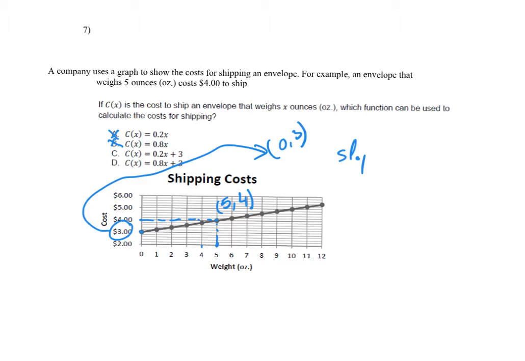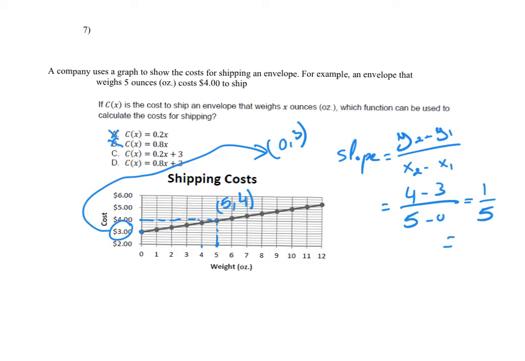Just to remind you, slope is y2 minus y1 over x2 minus x1, change in y over change in x. By picking those 2 points, it's going to be 4 minus 3 over 5 minus 0, which is 1 over 5, which is 0.2, right? So the answer is going to be C, because C has 0.2 as a slope and D will be incorrect.